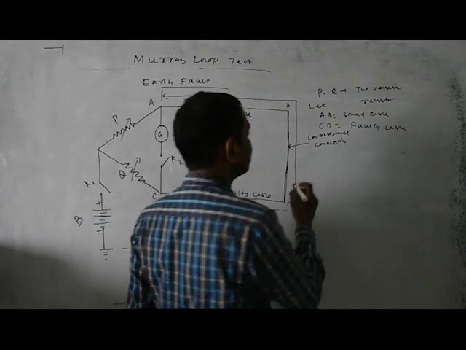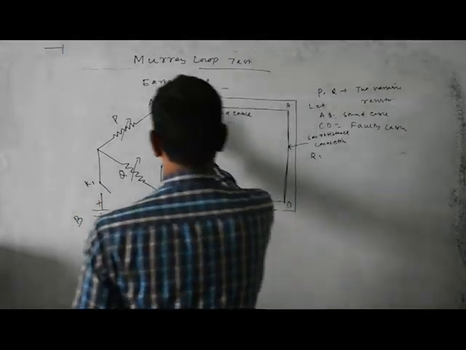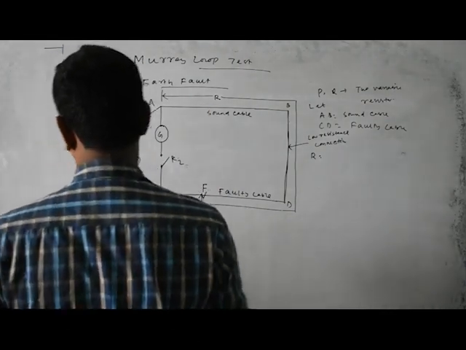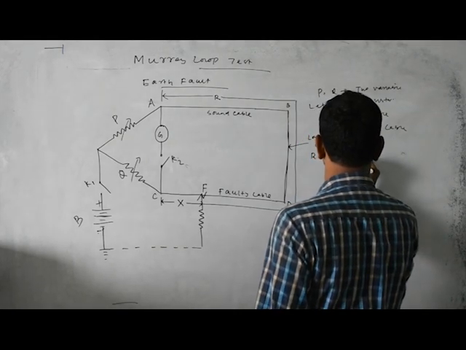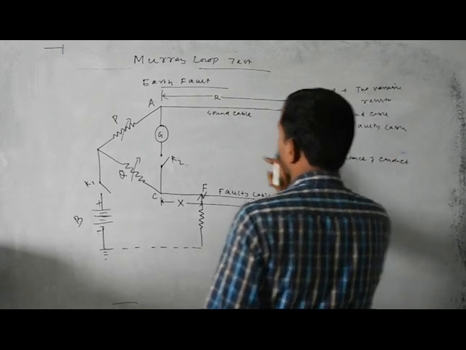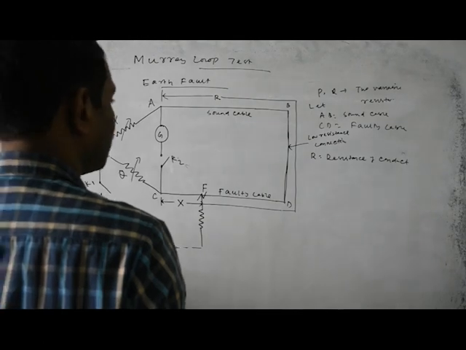Again, we consider R, the resistance of the conductor loop up to the fault point.